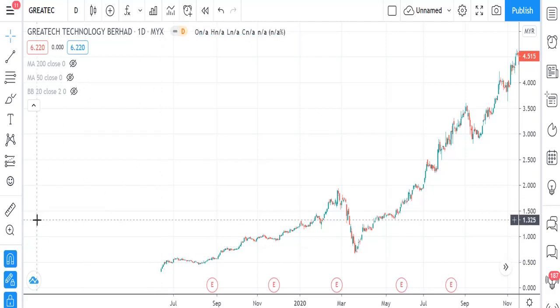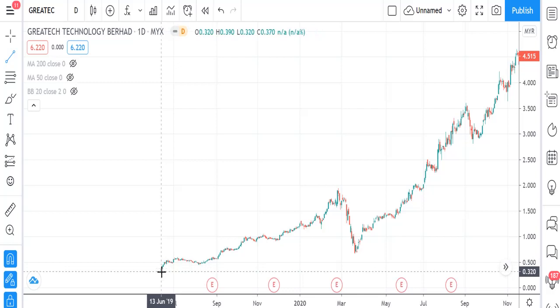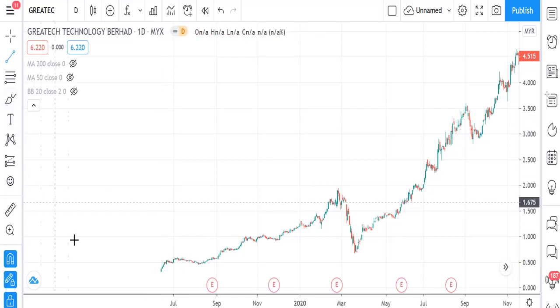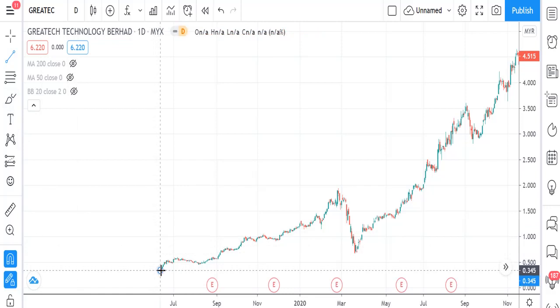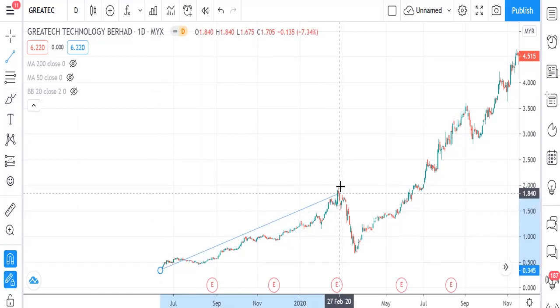So let's try to see whether this is an uptrend. We're going to look at the first scenario, which is an uptrend scenario. Maybe I will just explain from here to here.